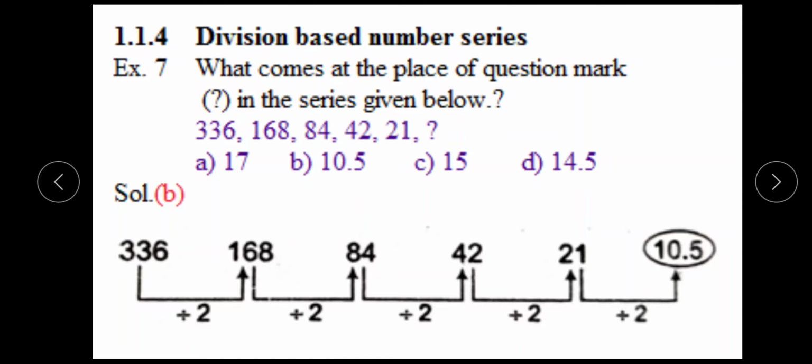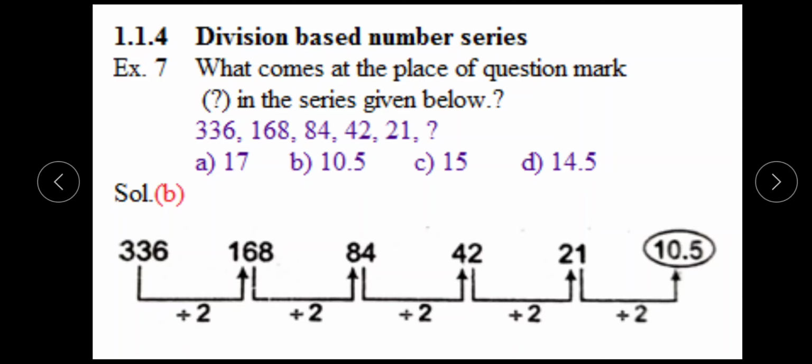The next mathematical operation is division. It means on the base of division. The question is 336, 168, 84, 42, 21, and the question mark. We have to find out this value.